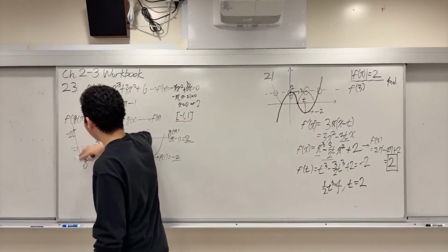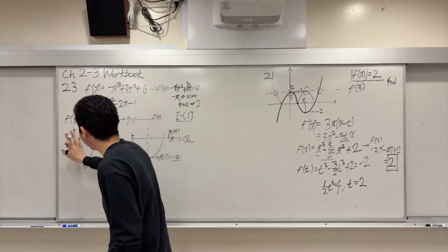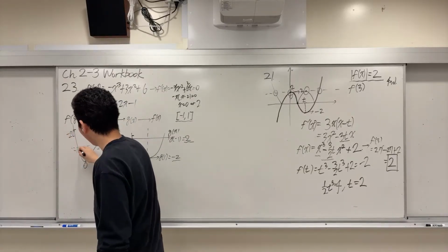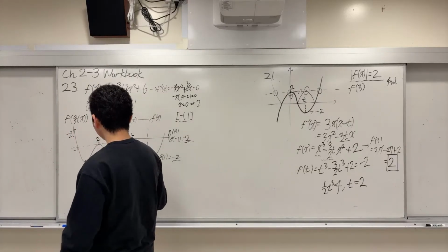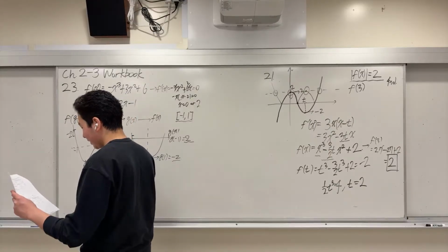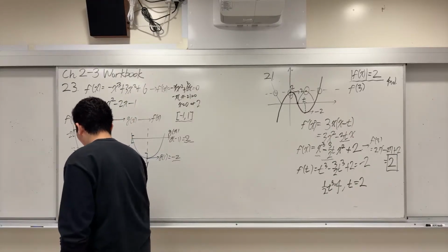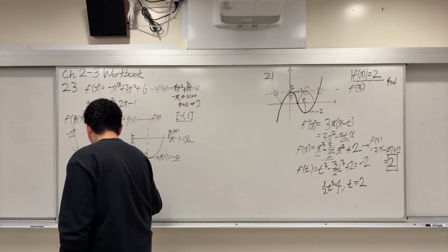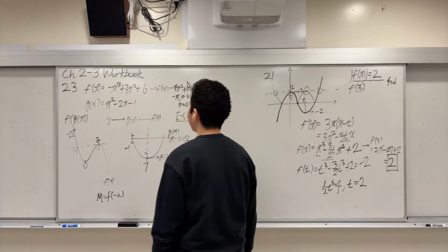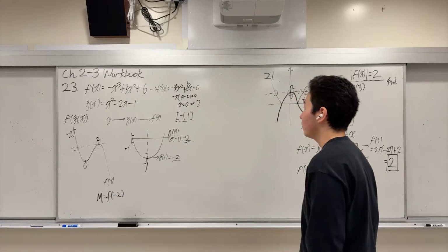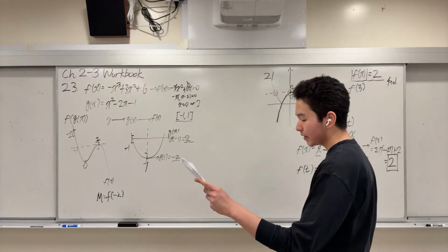It's way up over here, since we're guaranteed that negative 2 will be farther back than our negative 1. So your absolute maximum is at capital M. Capital M will be f of negative 2. And once we plug that in, it's going to be 8 plus 12 plus 6.